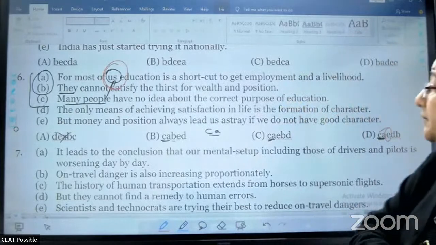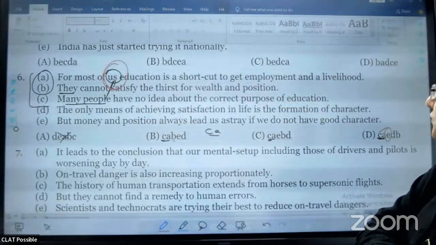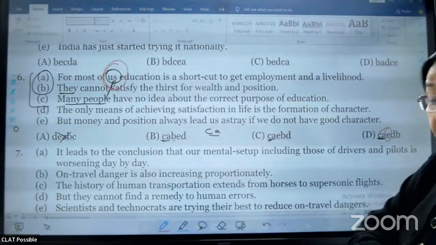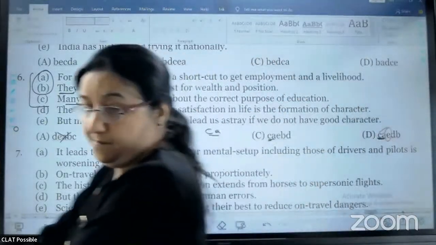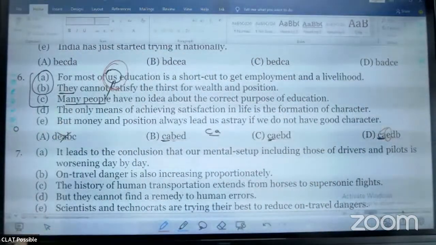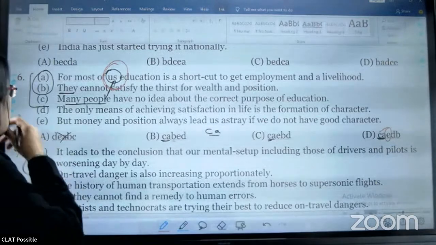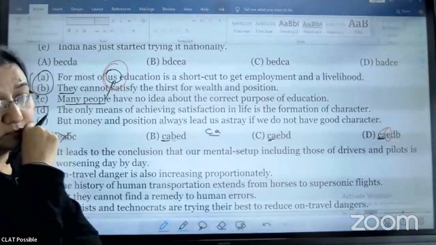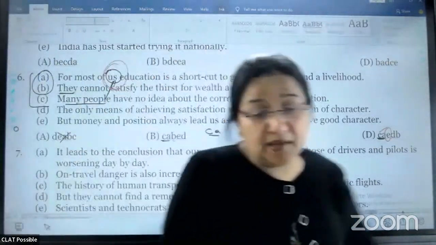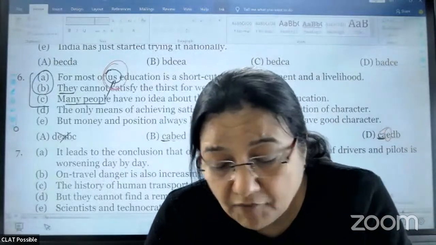Can I after that say, but money and position always lead us astray if we do not have a good character? Yes, yes. Which one out of B or E will come after A?